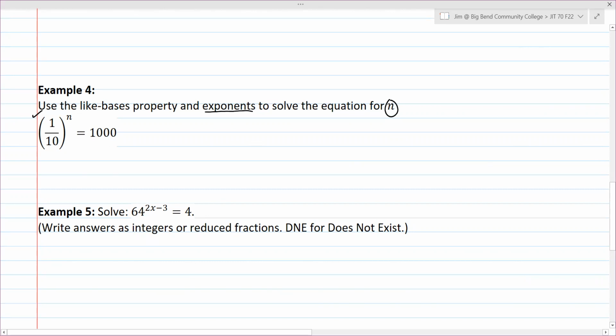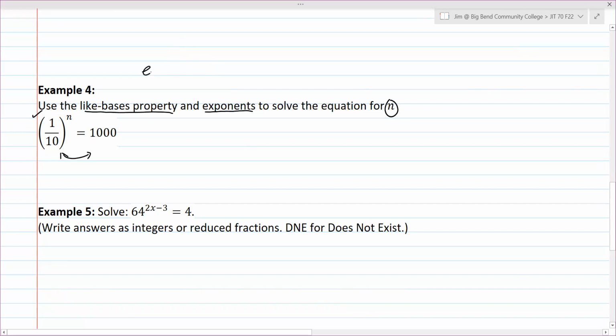So we have to understand what a like-base property is. So that means you are going to set the base value, you got to make sure you turn the base value into the same thing for both sides of the equation.